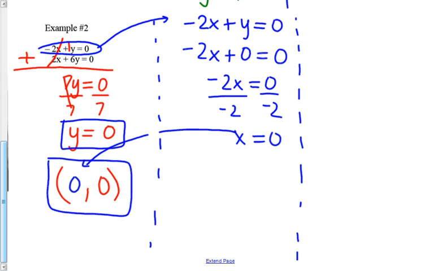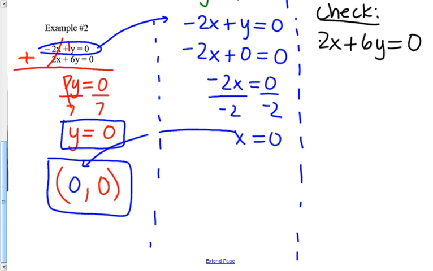And just one more step to make sure that you're correct, let's check it. So in your third column here, we're going to do a check. Our check says 2x plus 6y equals 0. I'm getting that equation from right here.